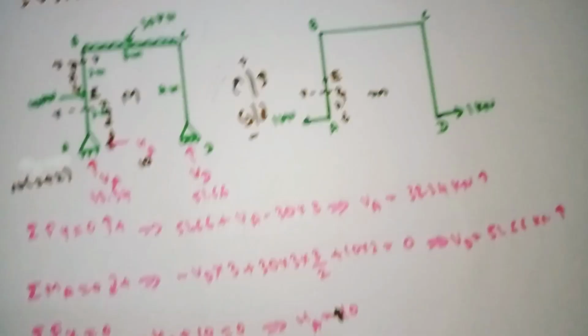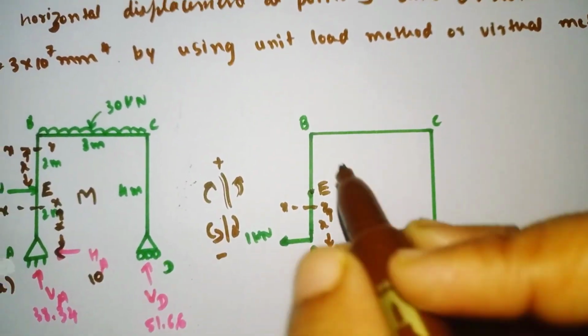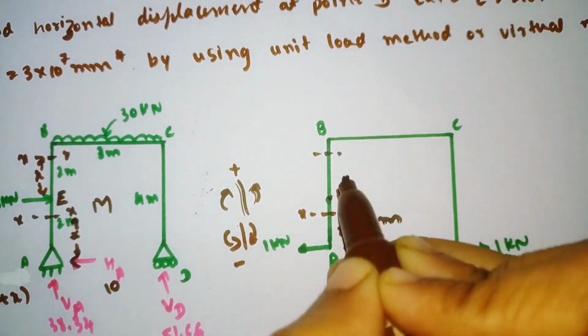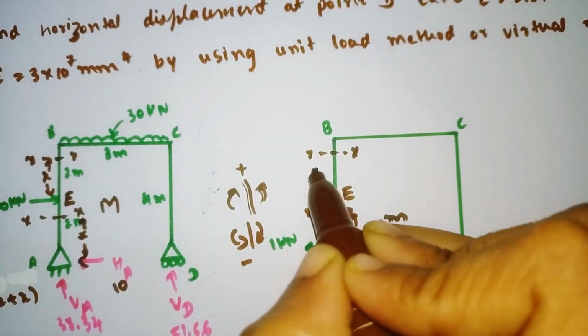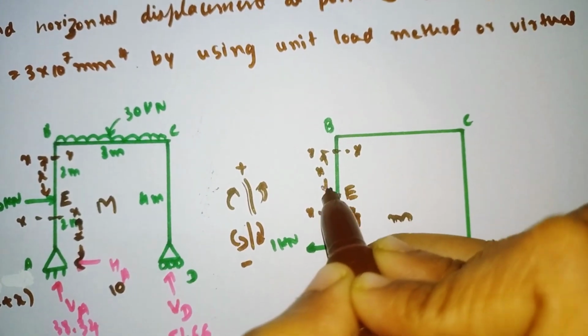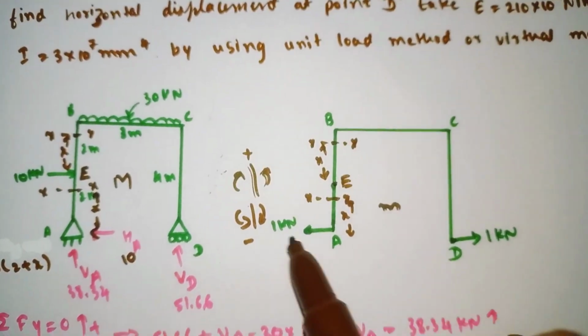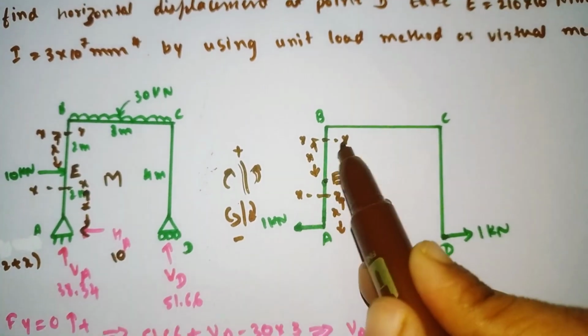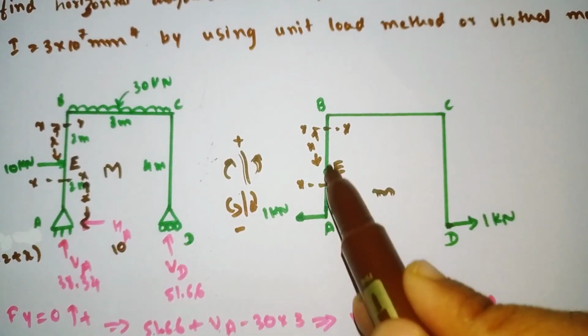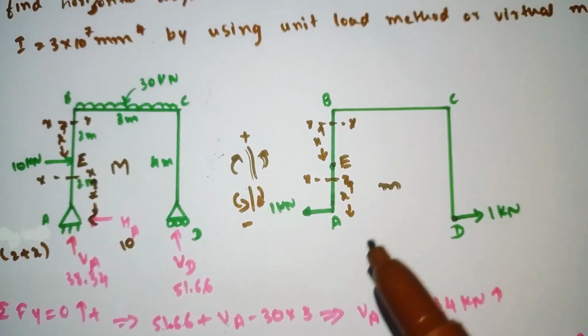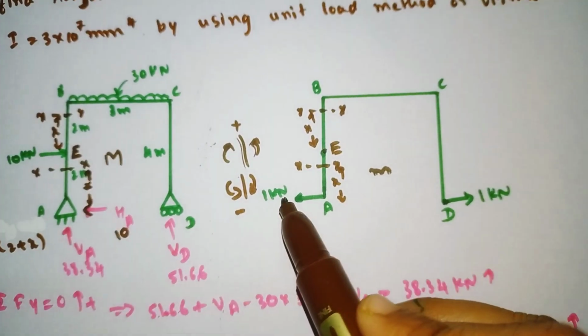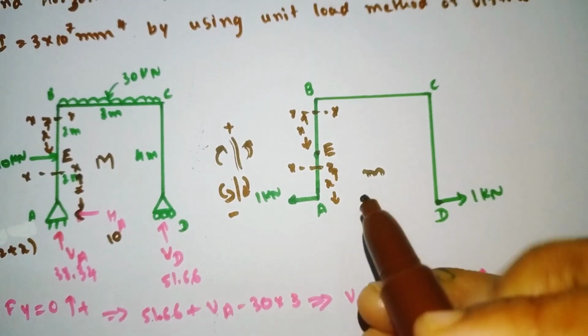Similarly for small m, if you cut the section x axis away from the origin E at a distance of x, then for the 1 kilonewton from this section, at what distance is it acting? It is 1 kilonewton into, from here to here the distance is 2 meter, no?